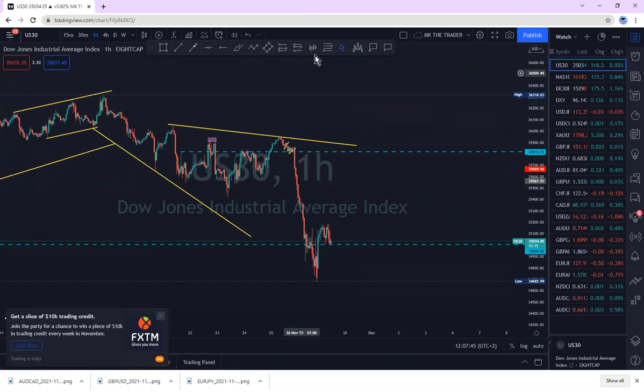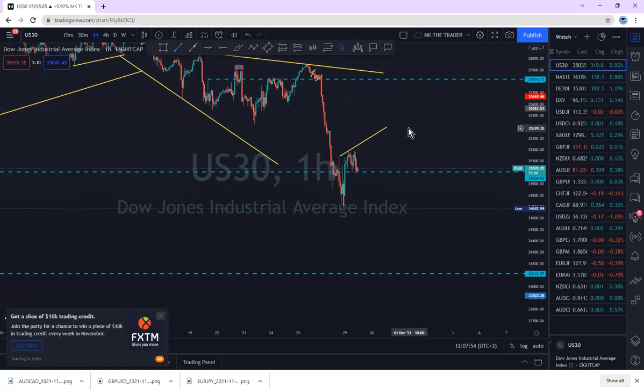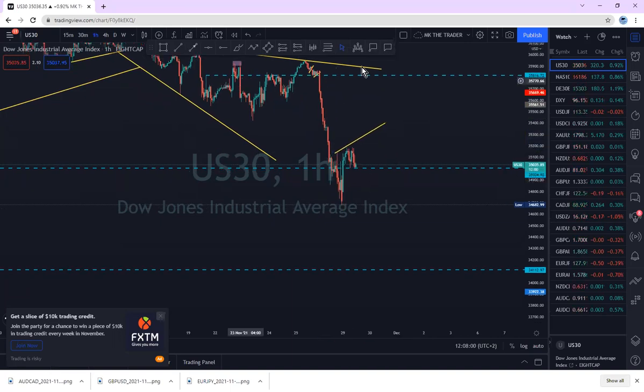On Nasdaq, I'm looking for a continuation. So the continuation, it will depend. I'm looking for a continuation. So at least if I can maybe see something like this. Let me check something here. Okay.